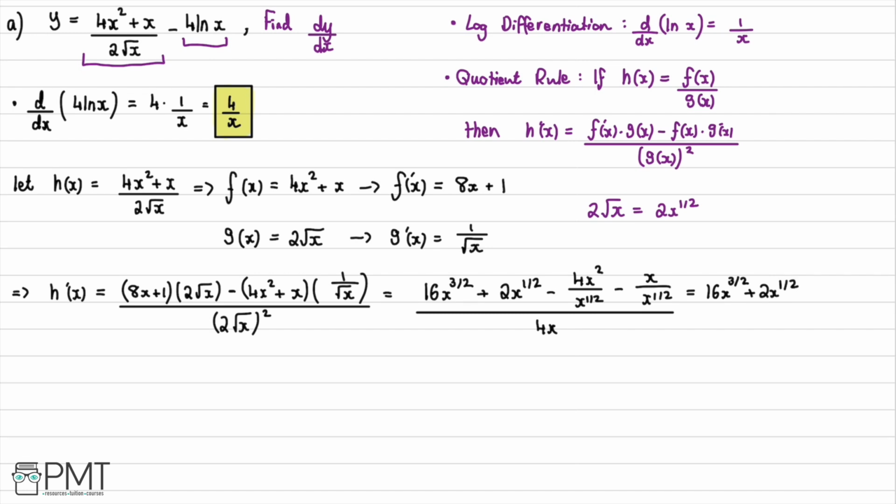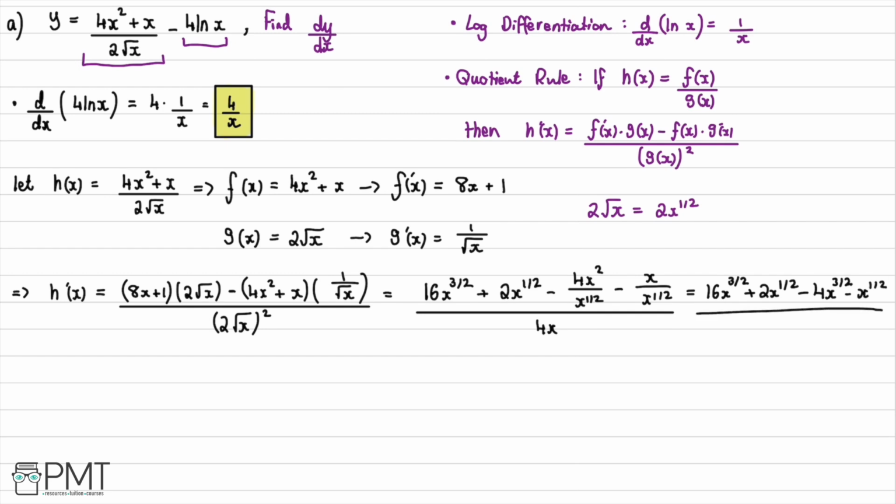And then simplifying 4x squared over x to the power of a half, we can take our x components together and do 2 take away a half, which is going to be 3 over 2. So we'll have negative 4x to the power of 3 over 2. Doing similar for the final one, we'll have 1 minus a half since we are dividing, and that is going to be x to the power of a half.